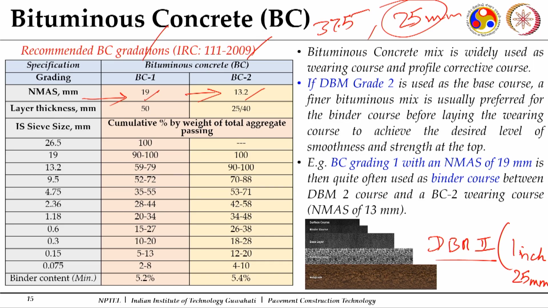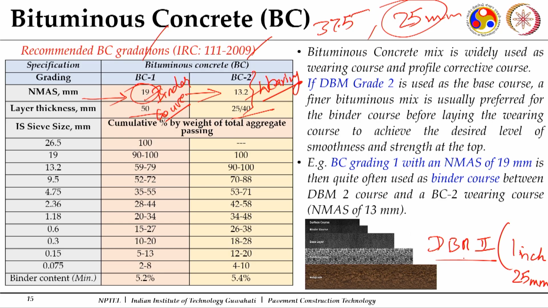Now, within these two gradations which are available, I will prefer the one with 19 mm NMS as my binder course, and on top I will have this one as my wearing course. Here it says that the layer thickness can be around 50 mm, and this can be 25 to 40 mm.